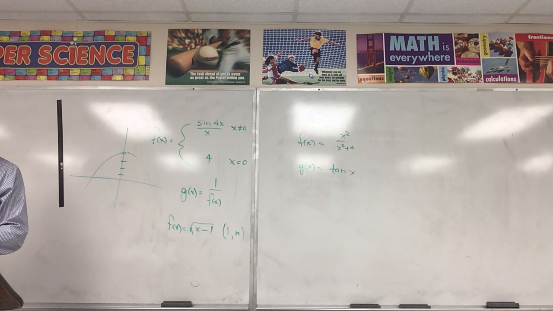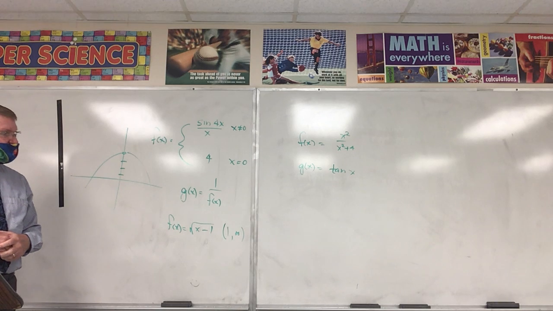I forgot the tangent, but I had x over x plus 4 and then g of x is x squared. How does that show it's continuous?